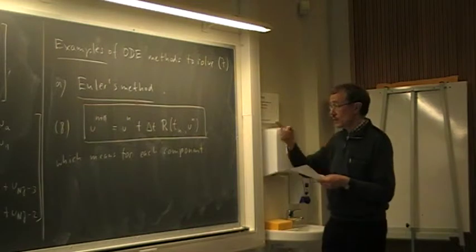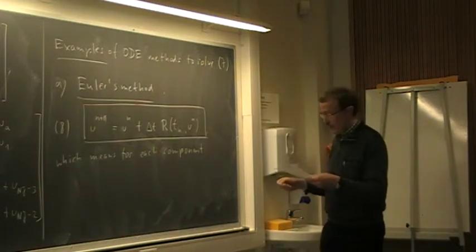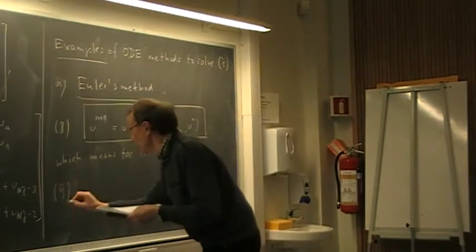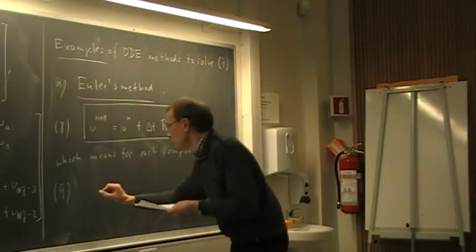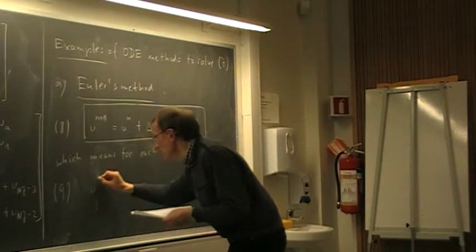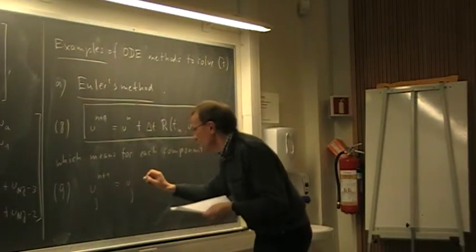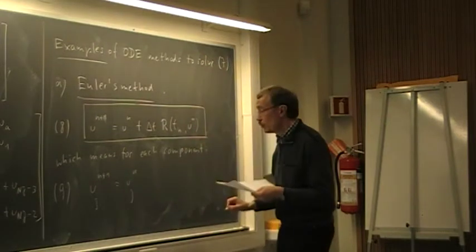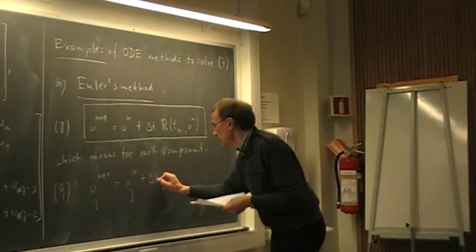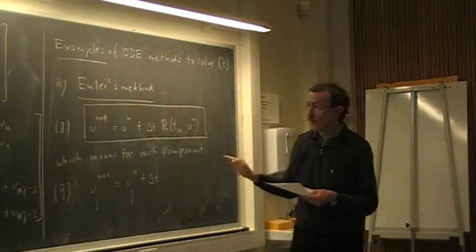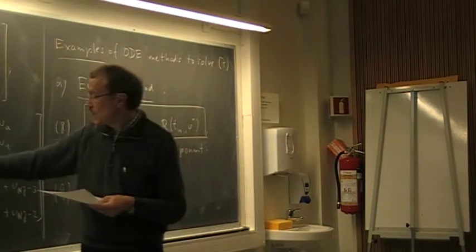So the u's and the r's are vectors. Now if we look at each component, we get the following. At grid point j, we get at the new time level the value that we had at grid point j at the old time level, plus delta t times, now we should remember what is the r. The r is this and this.